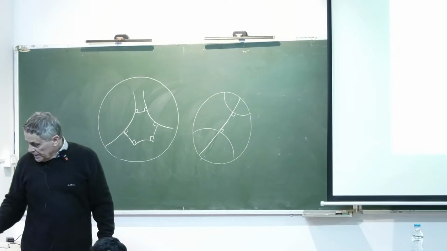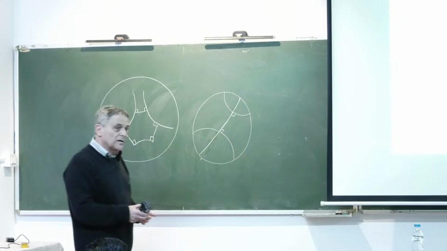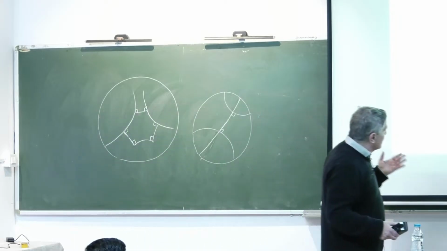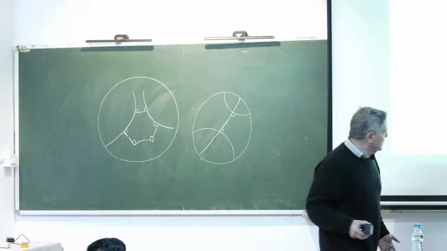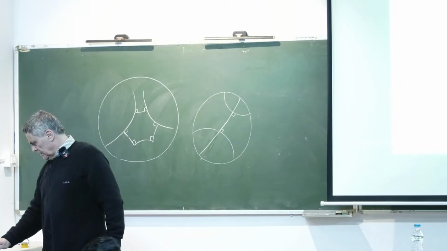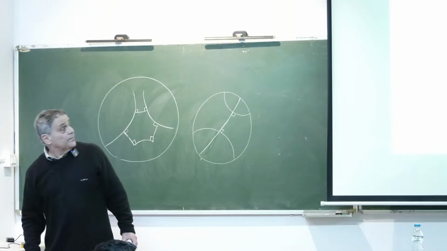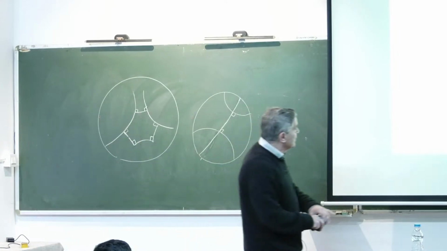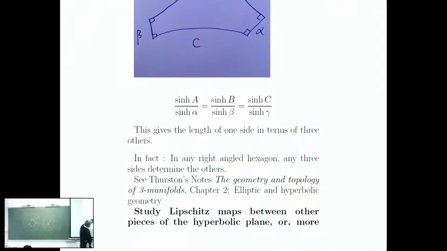Okay, so this is, again, the fact that the space of right-angled hexagons is a three-dimensional space. This is from Thurston. Any three sides of a right-angled hexagon determine the others. This is in Thurston's notes, chapter 2, which is called Elliptic and Hyperbolic Geometry. Elliptic, he means the sphere.